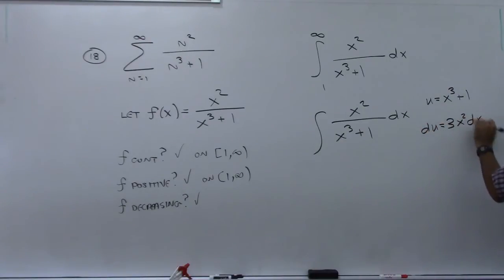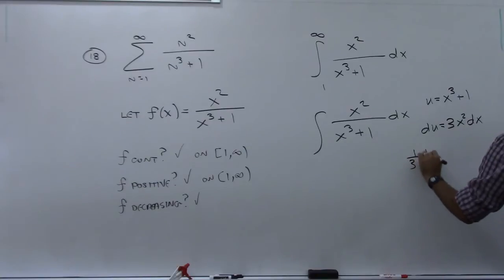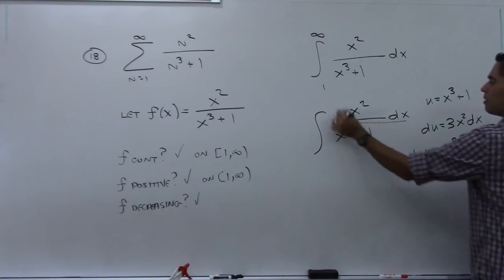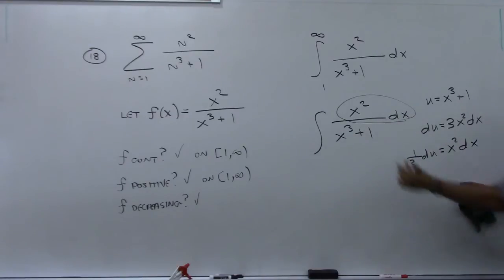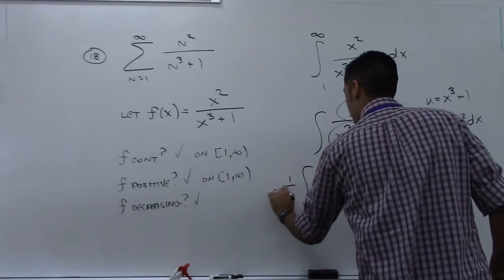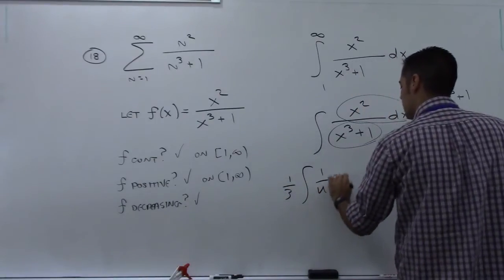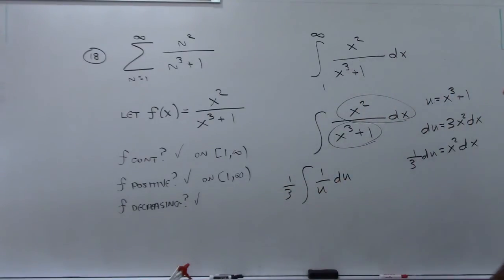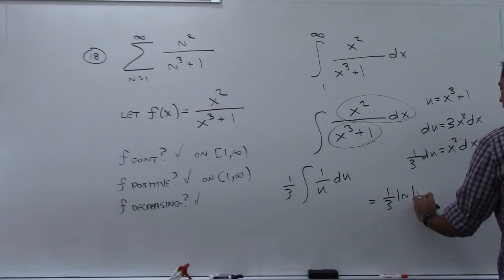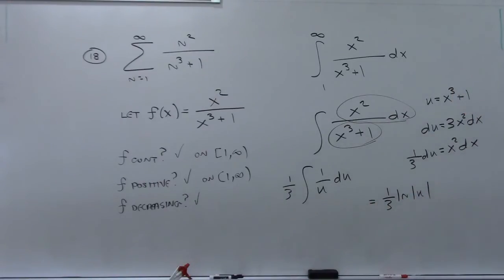There's du. 1/3 du equals x squared dx. So I'm going to replace x squared dx by 1/3 du, and x cubed plus 1 with u. So this integral becomes 1/3 times the integral of 1 over u du, and then that becomes 1/3 natural log absolute value u, plus c. But we're going to come back up here now.